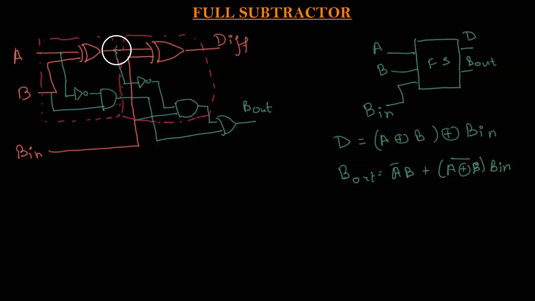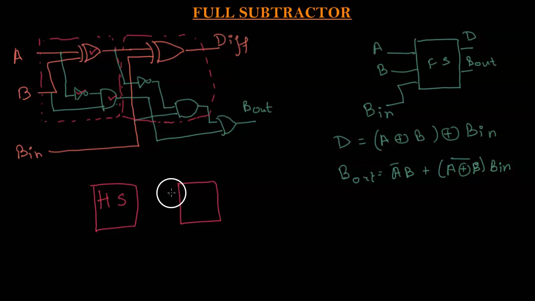We can see that this circuit, the XOR gate, NOT gate and AND gate, makes a half subtractor. So we can replace this with a block of half subtractor, and this block as well with a half subtractor, and let's call them half subtractor 1 and half subtractor 2.